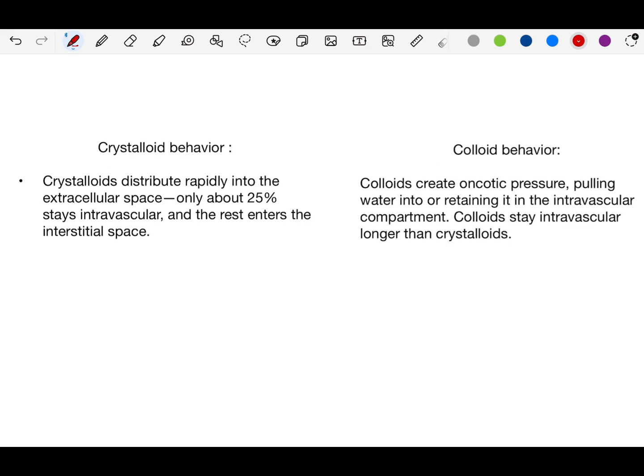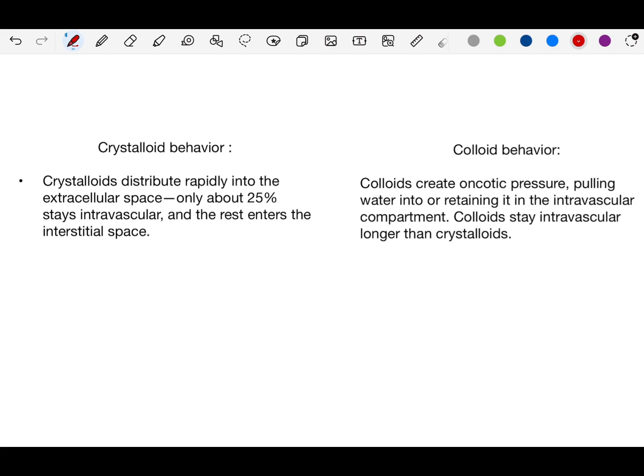Let's discuss the behavior of these two different types of fluids. So with the crystalloid, it distributes rapidly into the extracellular space, and the reason it can do that is because, again, the molecules are small. So 25% stays intravascular, and the remainder enters the interstitial space. Now, the interesting thing with a colloid, because it is a large molecule, it's not crossing those same membranes that crystalloid can cross.